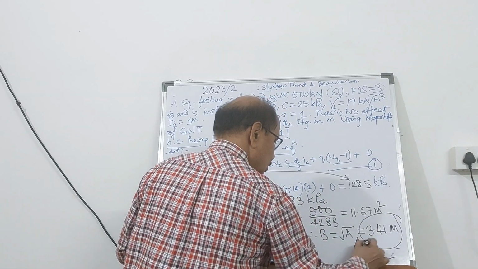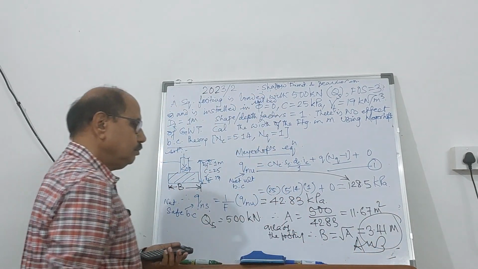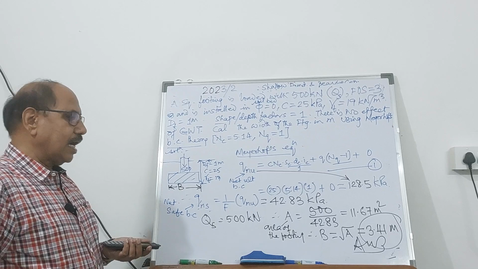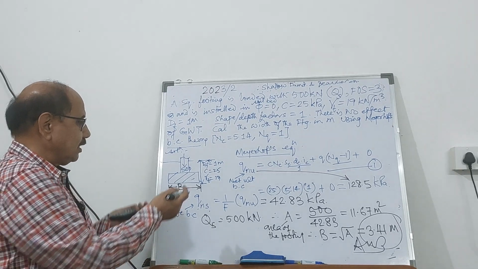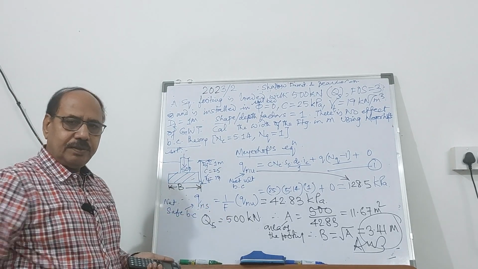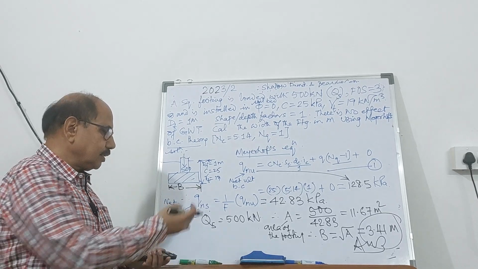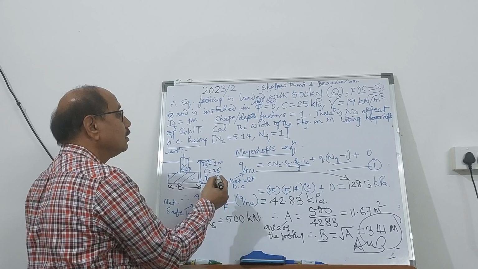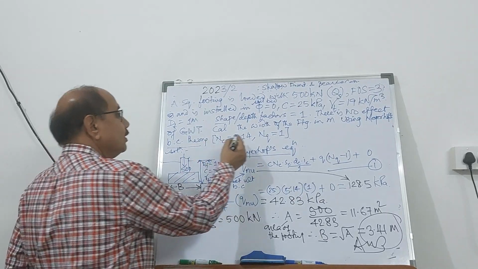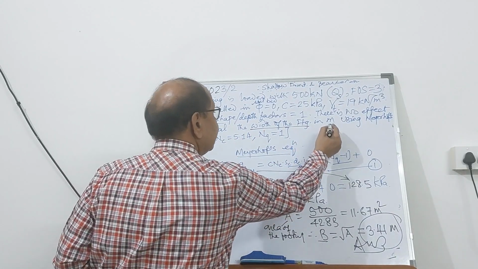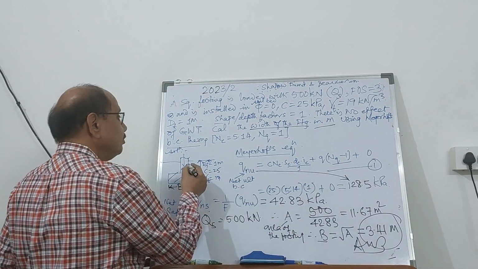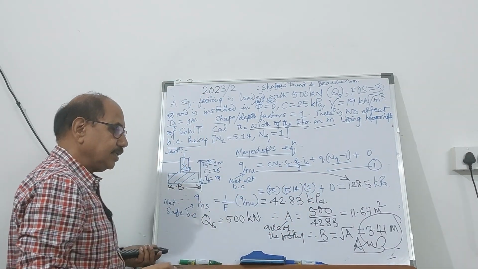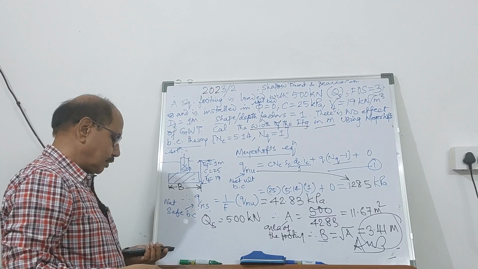So, this becomes the answer. So, you can see in one step, you can calculate the width of the footing. So, calculate the width of the footing in meter using Meyerhof bearing capacity theory. Easily you can do it.